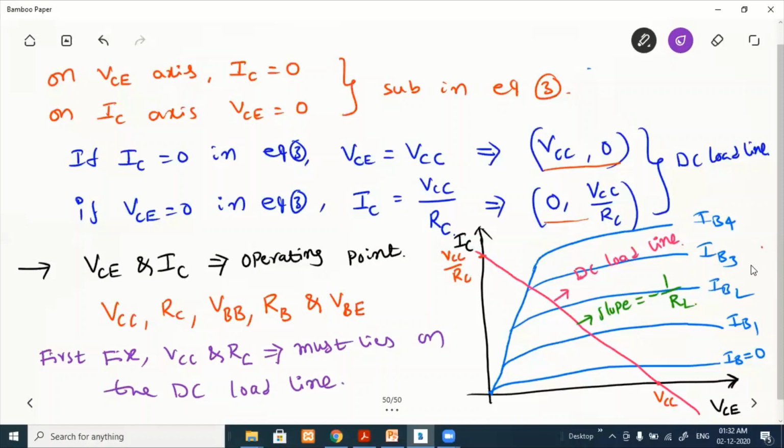Why? Because with these two values, VCC and VCC by RC, we get the DC load line. So the operating point is somewhere on the DC load line. Then where exactly the operating point is located on the load line depends on VBB, RB, and VBE.